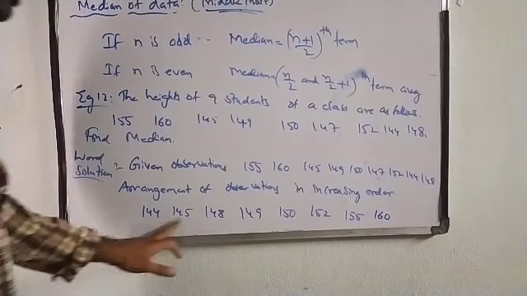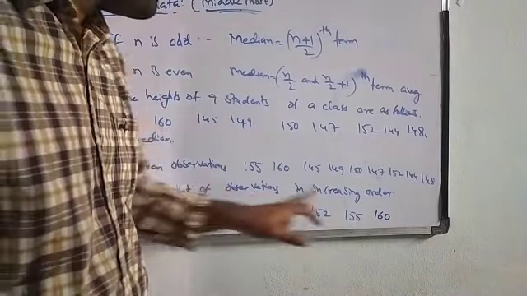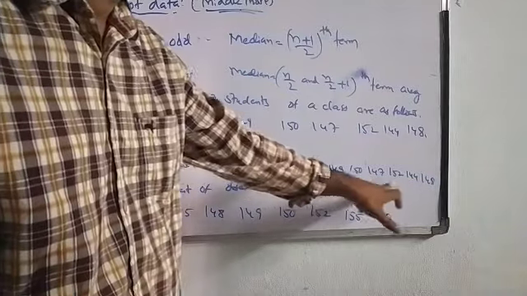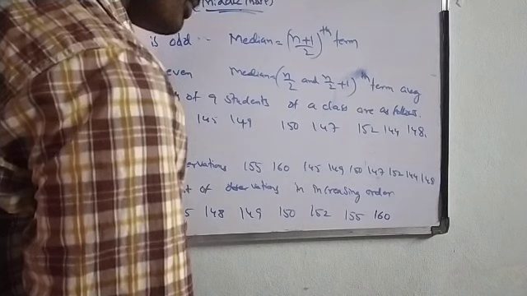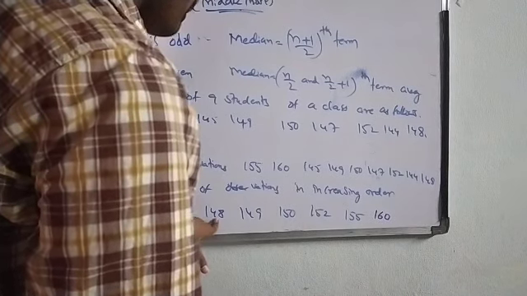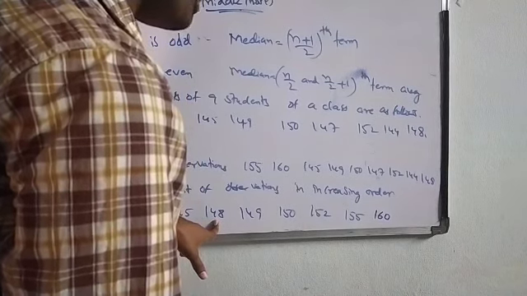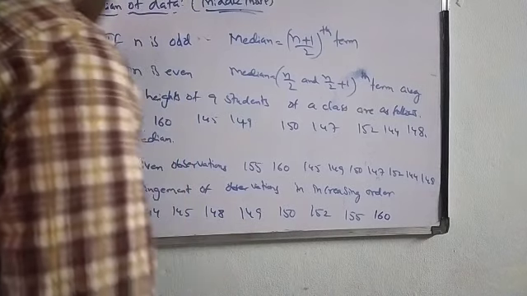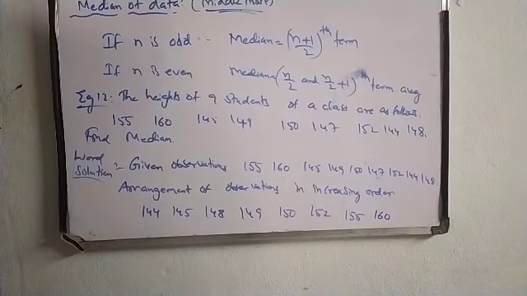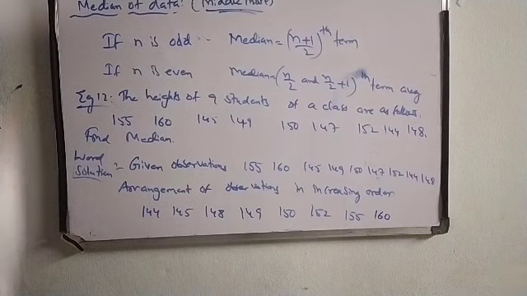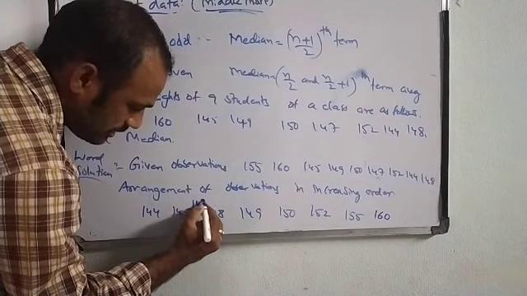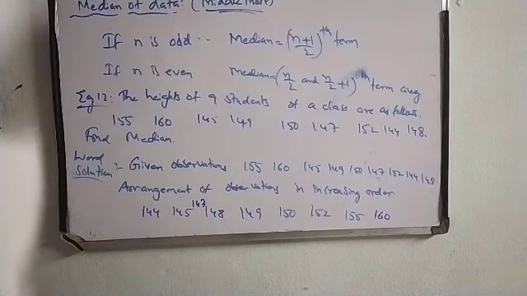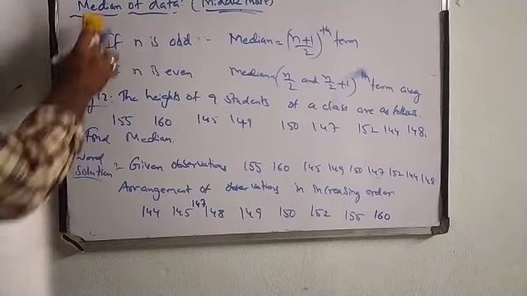So totally we have 1, 2, 3, 4, 5, 6, 7, 8. Here 1, 2, 3, 4, 5, 6, 7, 8, 9. So one number is missing here. 144, 145, 148, 149, 150, 152, 155, 160. So okay, 147 we are missing here. Let us write here 147.